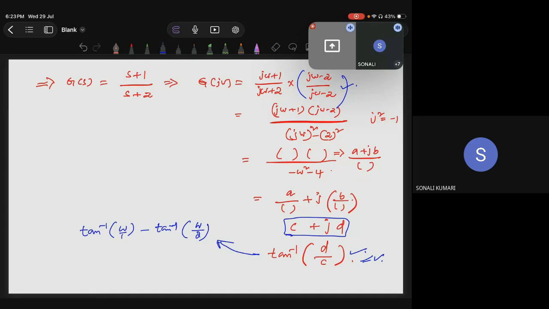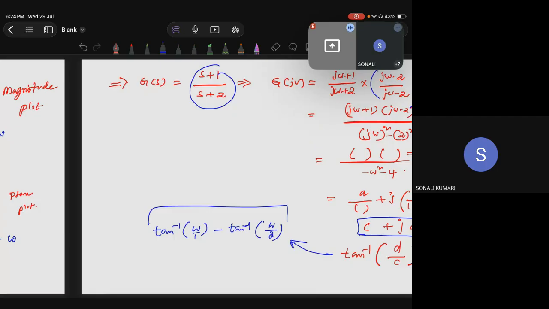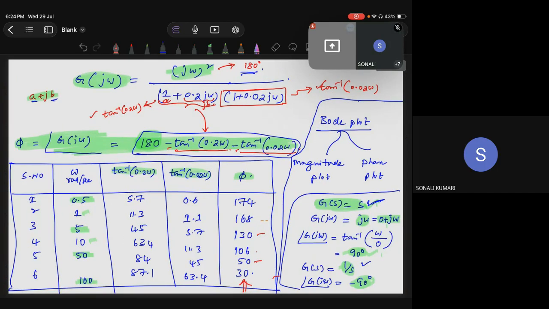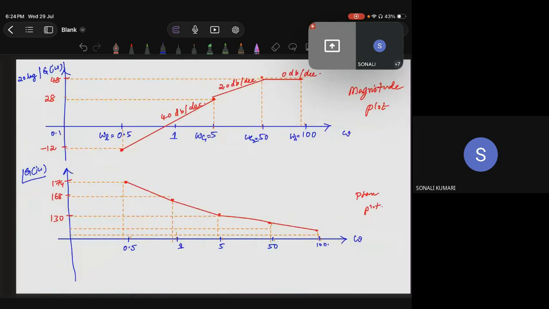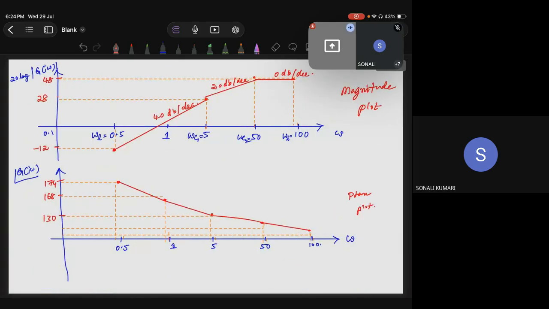This is the answer you will be getting. Now, just by looking at this, can't I write this one? So that's what I did here. Any queries?